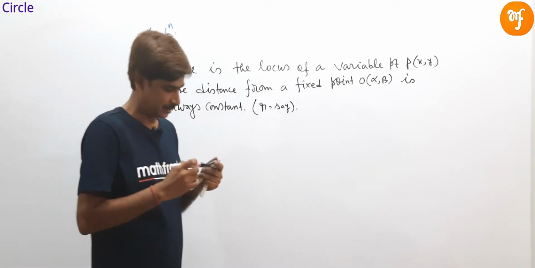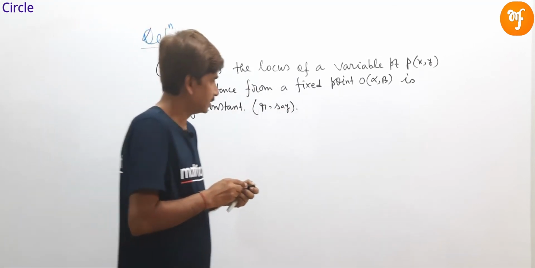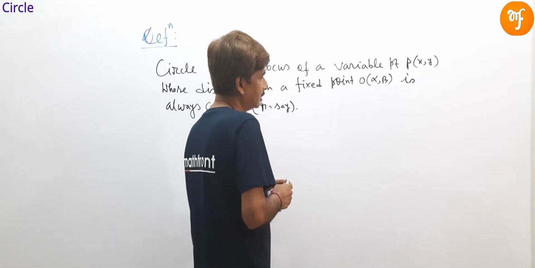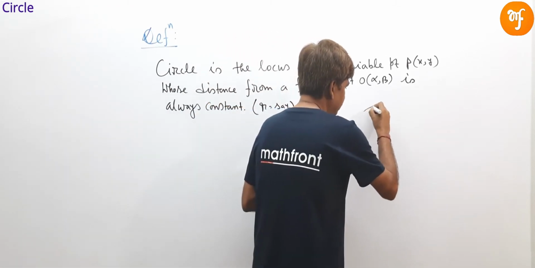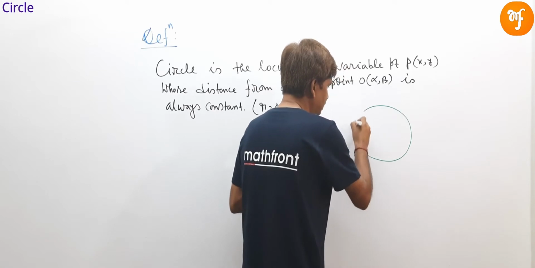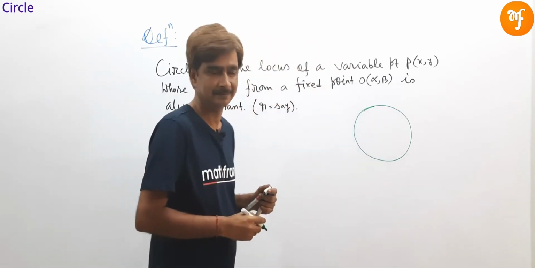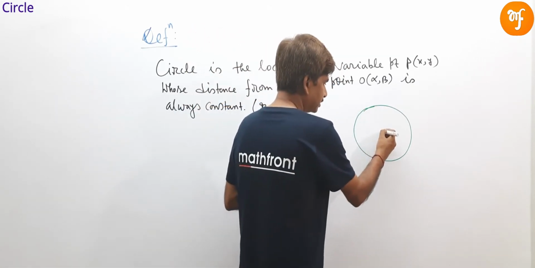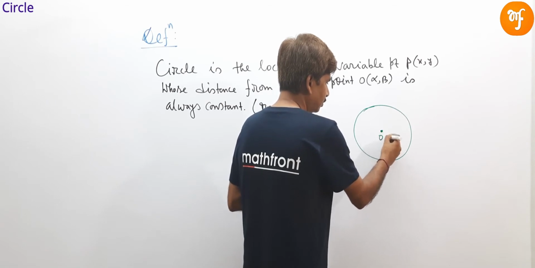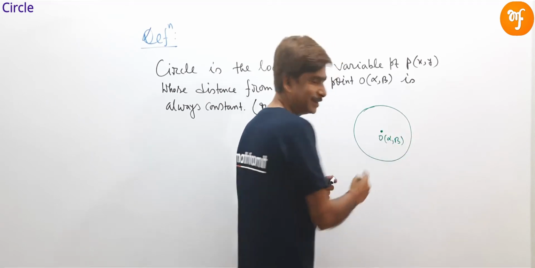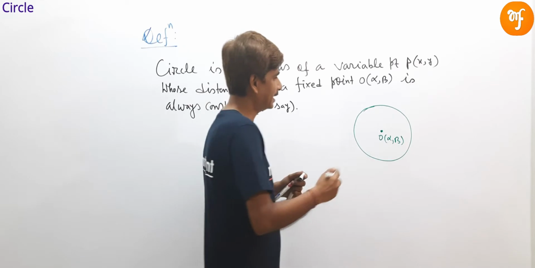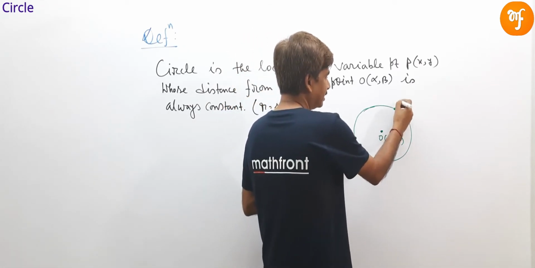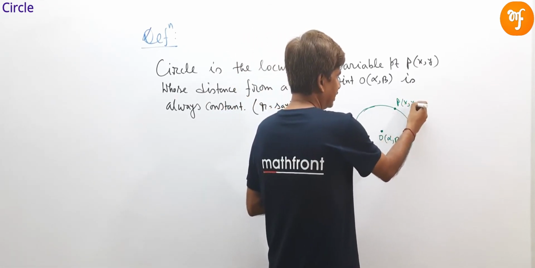Now let's look. Suppose this is the circle. So this is the fixed point O, which is alpha comma beta. And declare a variable point P x comma y.